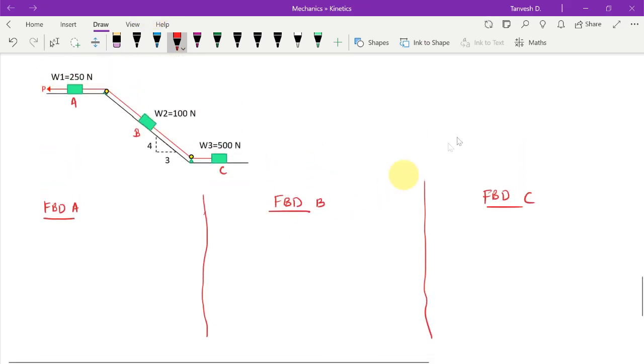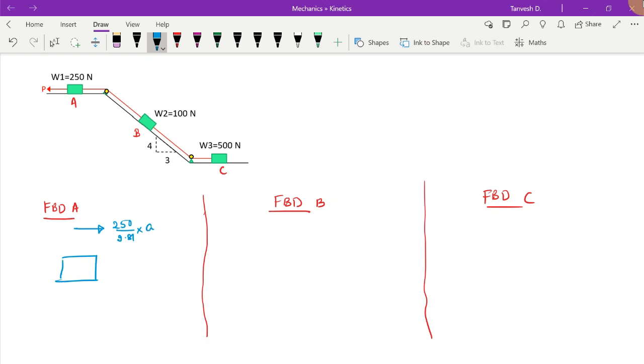So starting with A, we have the block A. Then the movement is happening in the left direction, therefore the inertial force of this would be to the right, and the weight of this is given as 250 newtons. So the inertial force would be 250 divided by 9.81 multiplied by the acceleration. Now you see that the acceleration of all these bodies is going to be the same because all are connected through one string.